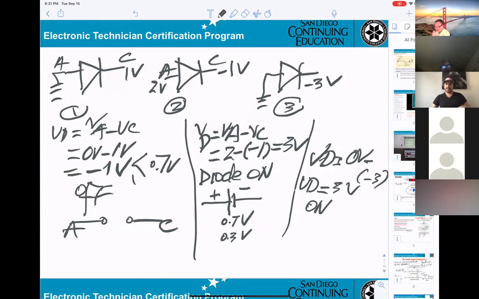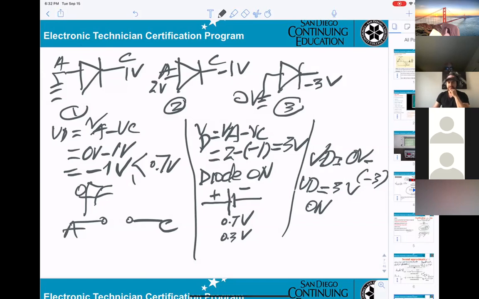That means the voltage must be higher than that. In example number 3, you are not applying voltage on the A side. A side is ground, 0. So it's off, right? Because you are not applying any voltage to overcome the barrier, and on the other side you get negative.